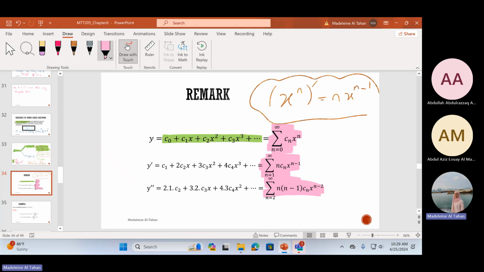Does the n have to be 0 for y? Yes, it should start with 0 because you have C0. Do we have any questions? If we are differentiating F1 plus F2, the sigma will be separated as one.